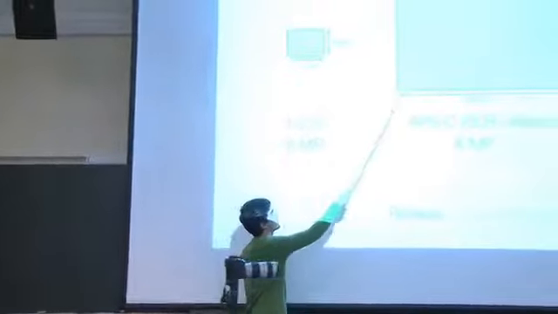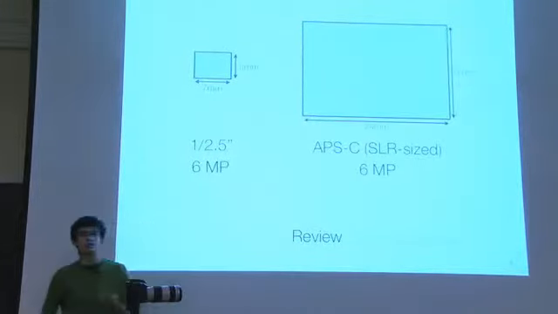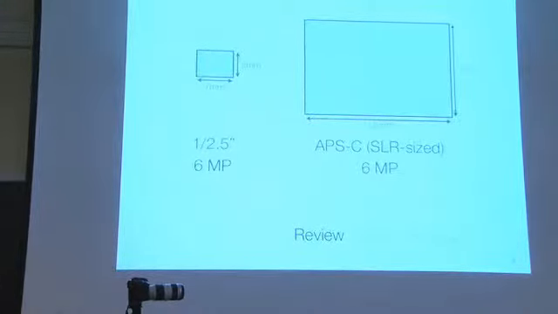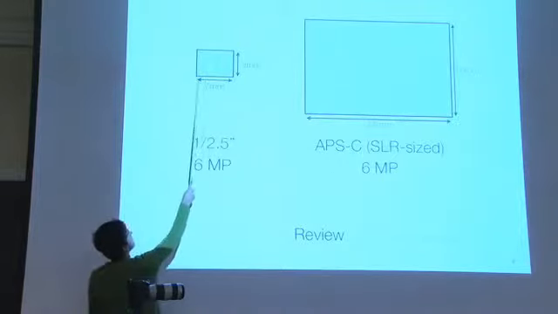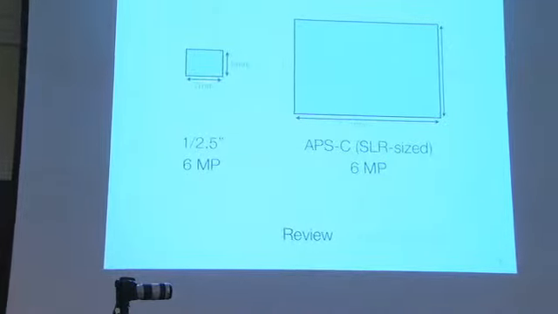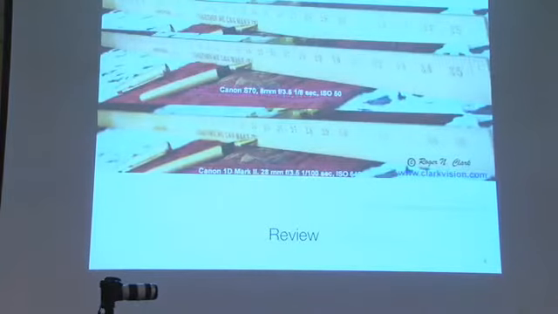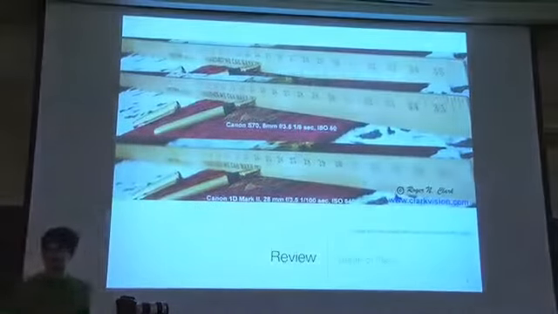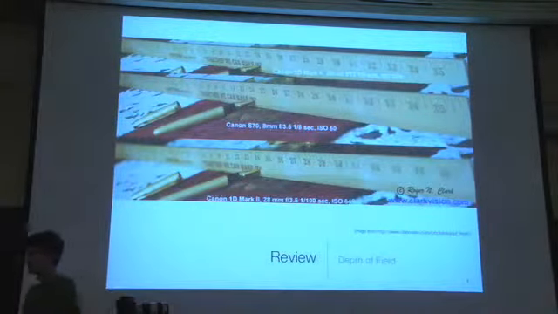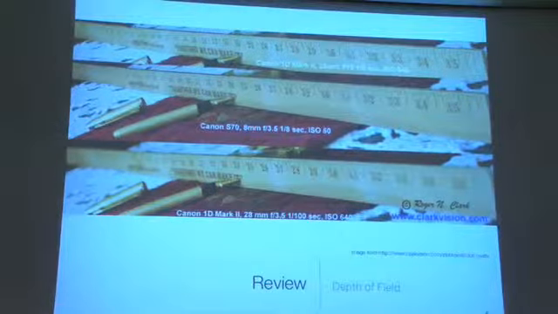Whereas we might have had something like an 80 millimeter lens here for a nice portrait length, then we might have to get something like a 12 millimeter lens for that same field of view on this sensor on the left. And this has an even further implication of altering our perception of the depth of field in a particular image when we take a photo from two different sensor sizes.